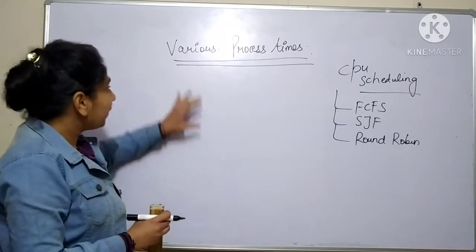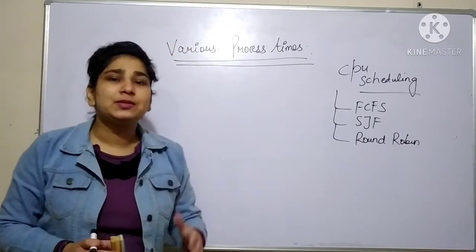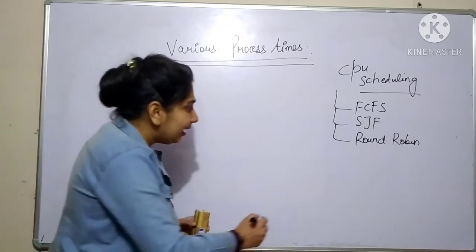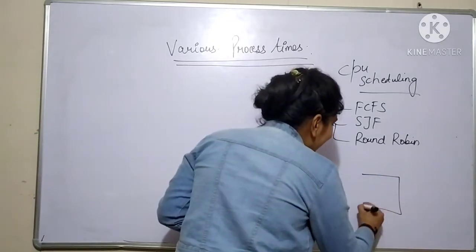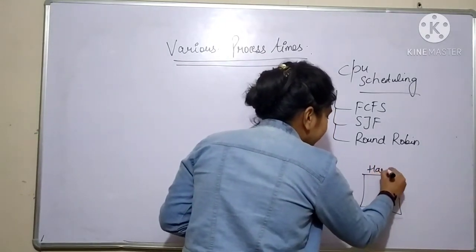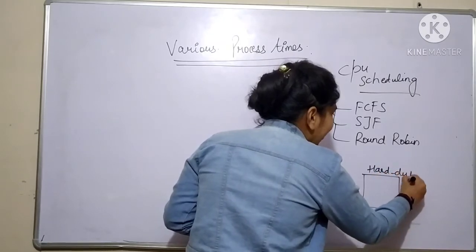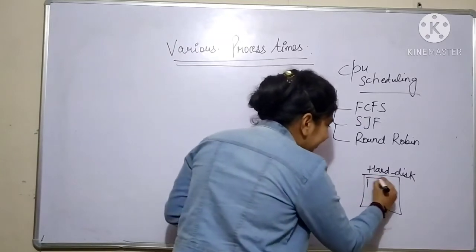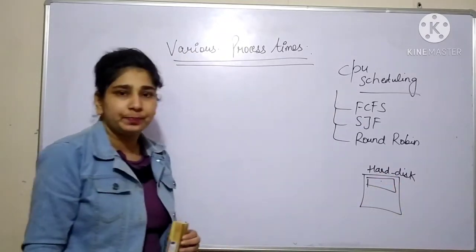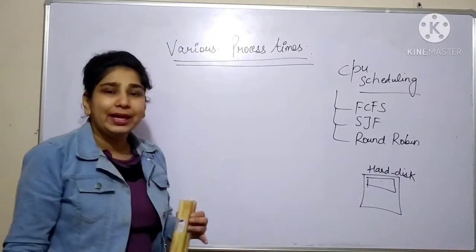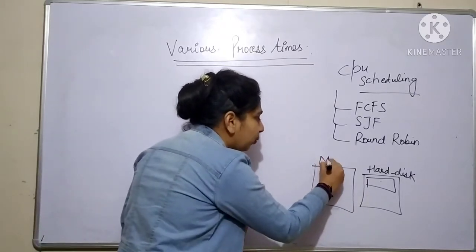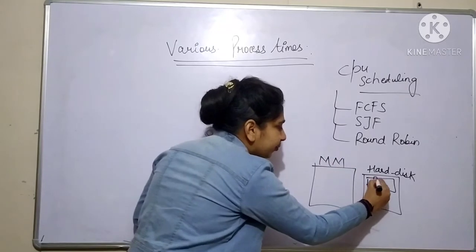Whenever your process gets executed, initially our process, the program which you want to execute, is present in the hard disk. We have to load it into the main memory if we want to execute this process.